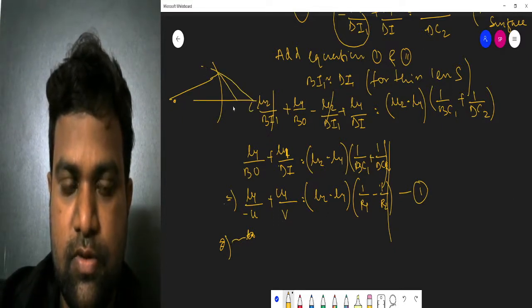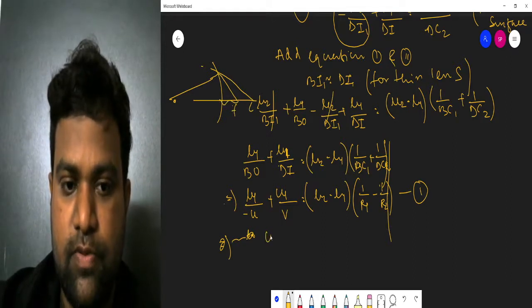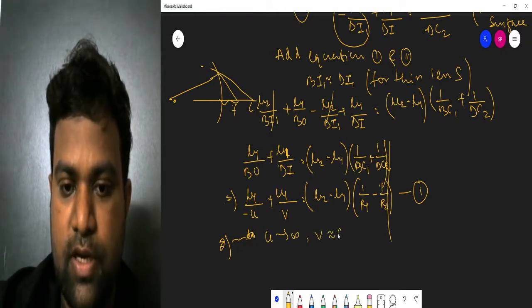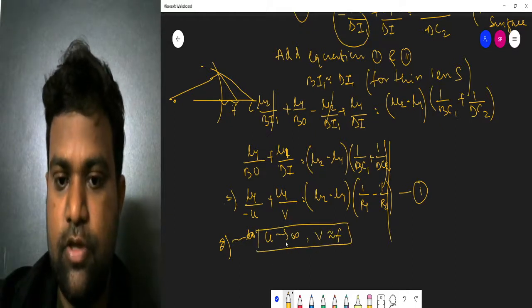This is C, this will be your focal length. Okay, that means for u tends to infinity, your V will be approximately at focal length. So this approximation we will use here.